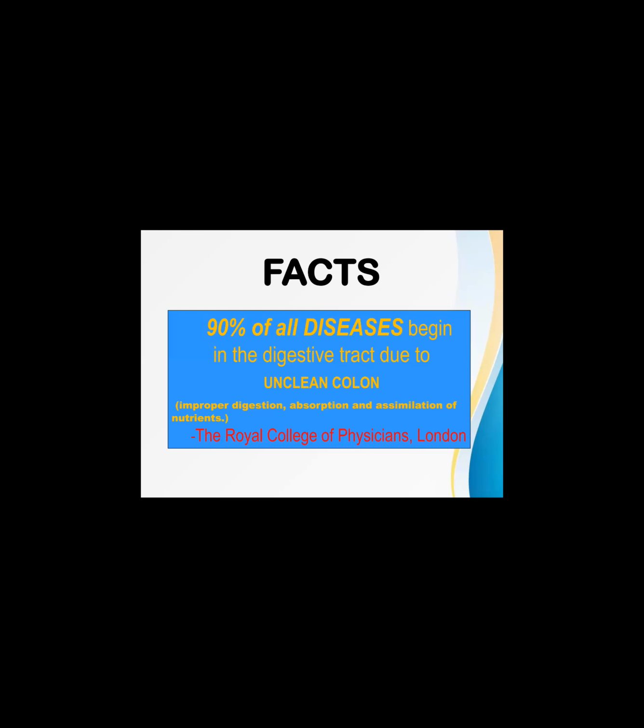Then here is a research that has been carried out by the Royal College of Physicians in London, where it says 90% of all diseases begin in the digestive tract due to unclean colon, meaning to say that 90% of diseases we are having are as a result of unclean colon, dirty colon.